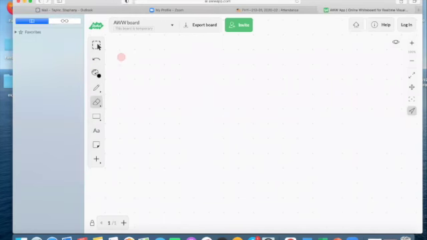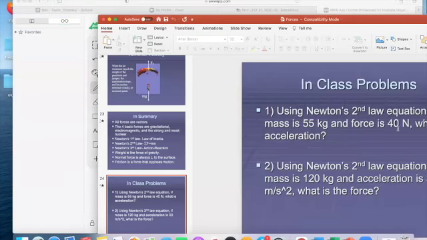All right, so this is number 1. Our equation, Newton's second law, is force is equal to mass times acceleration. They gave us the mass and the force, and we're asked to find acceleration, so acceleration is the unknown variable.